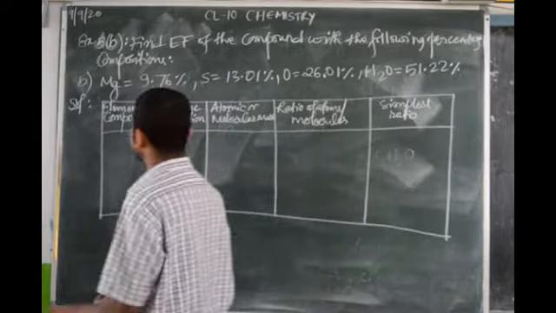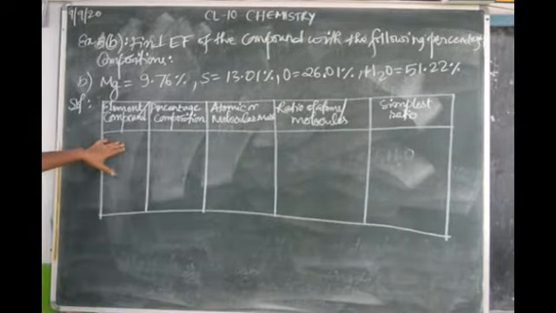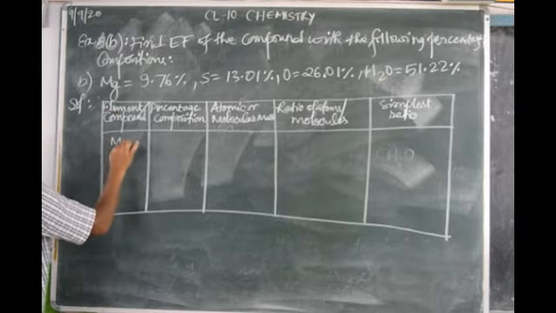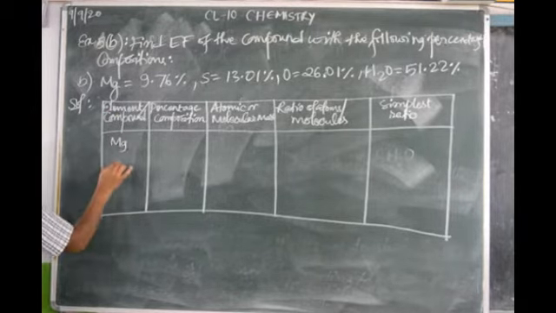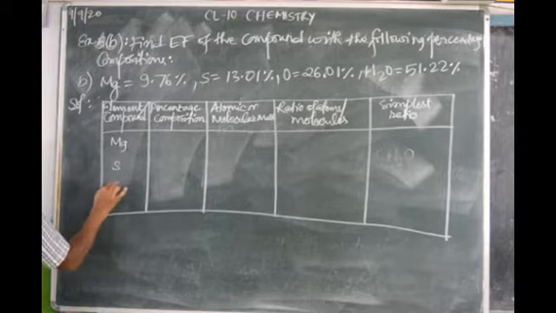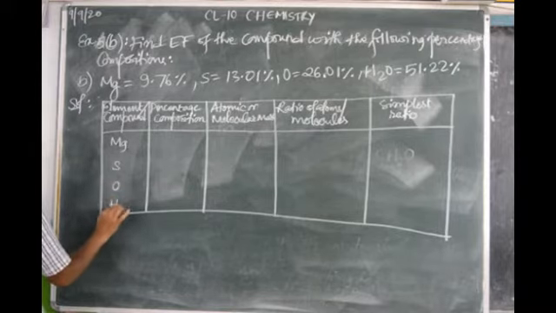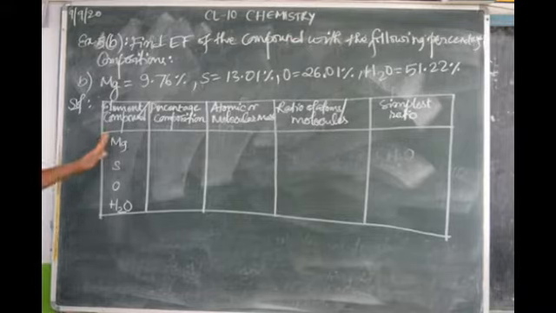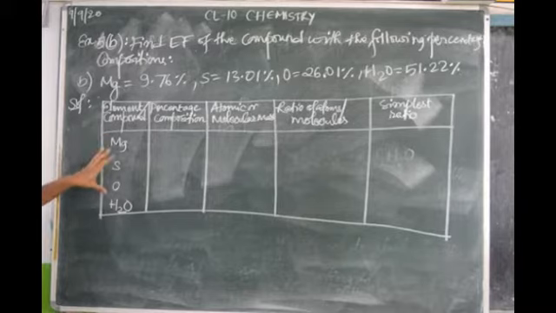Okay. Now here you will be writing element or compound. So write first magnesium. Then write sulfur. Then oxygen. Then water molecule. This is the way how you do. Symbol of elements or formula of the molecule, water molecule.